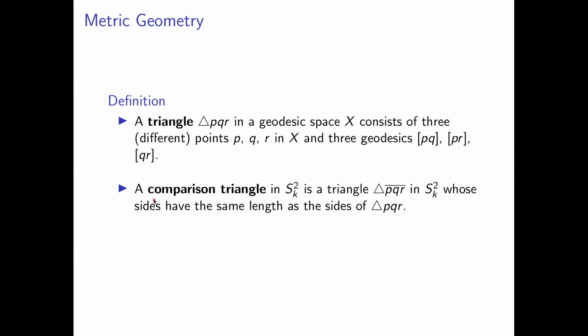For that, you have something called a comparison triangle, denoted with P bar, Q bar, R bar. This bar denotes triangles in the model space. And what you want is that the sides have the same length as the sides of this triangle.